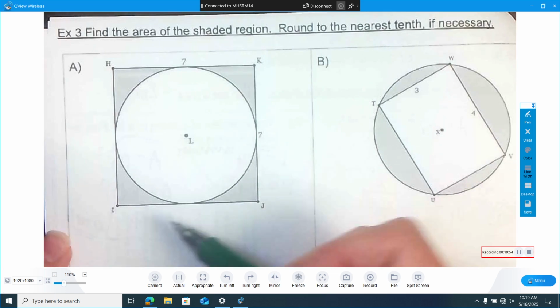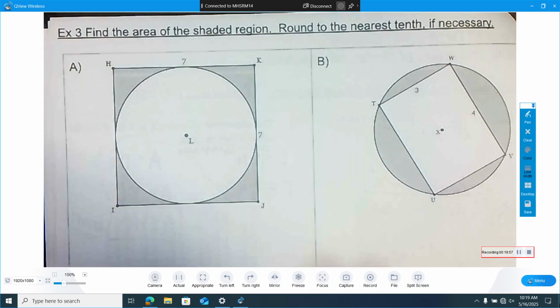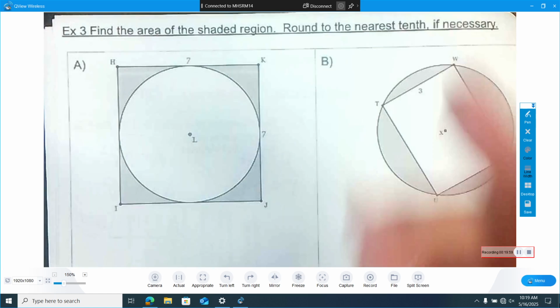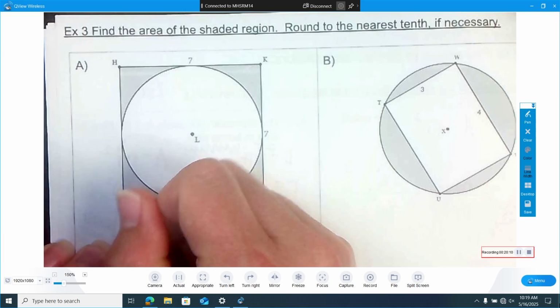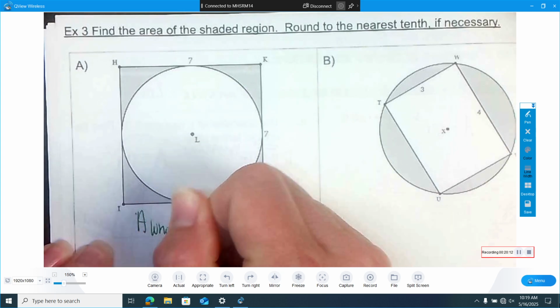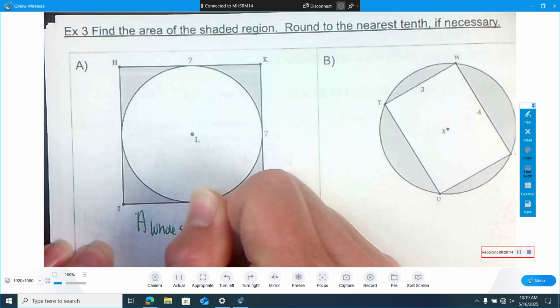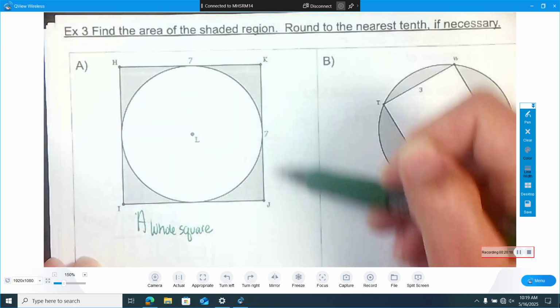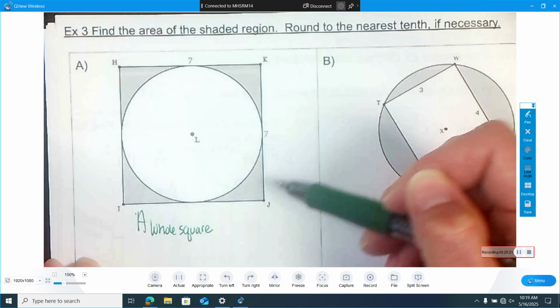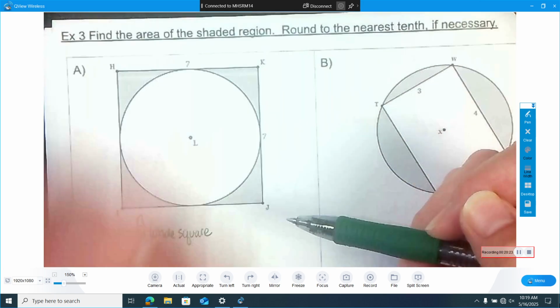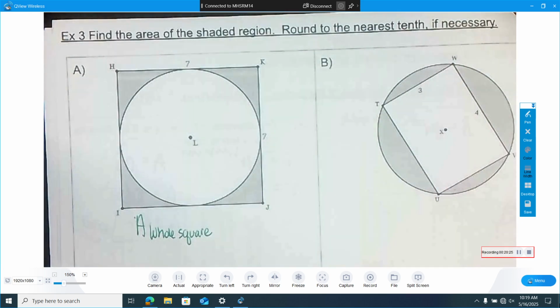So how do you think we're going to figure out the area of just these little shaded spaces? Could get the whole square and divide by 60. So we are going to do something with the area of the whole square to start. If I get the whole square, I have all of this space. But what do we need to do if we want to take something away?